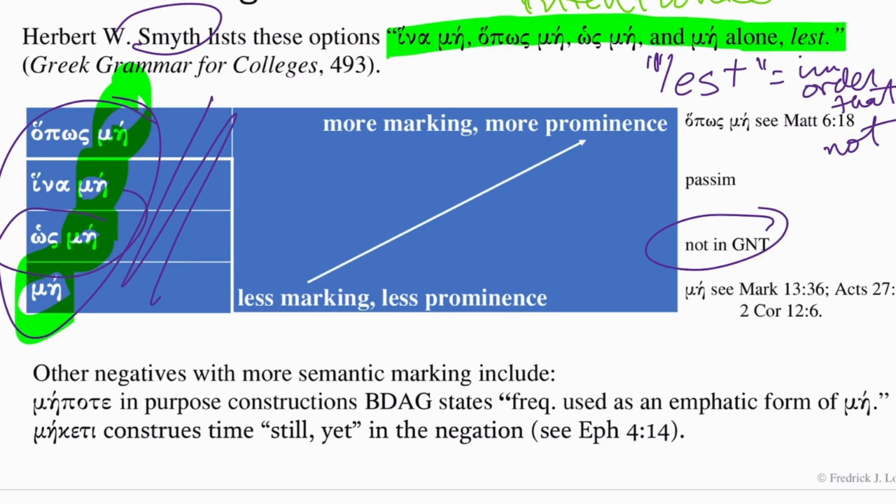In my understanding, as we're looking at these options of how to negate purpose clauses, there's more prominence as we move up the scale this way. So I'm thinking that those are more prominent.